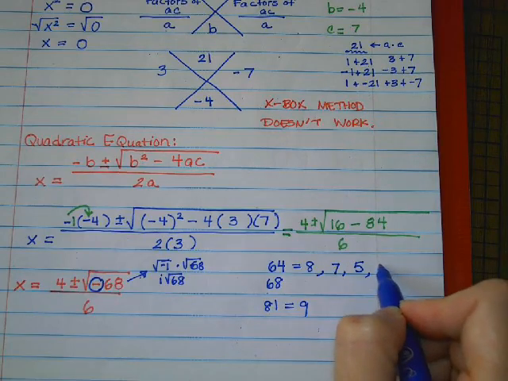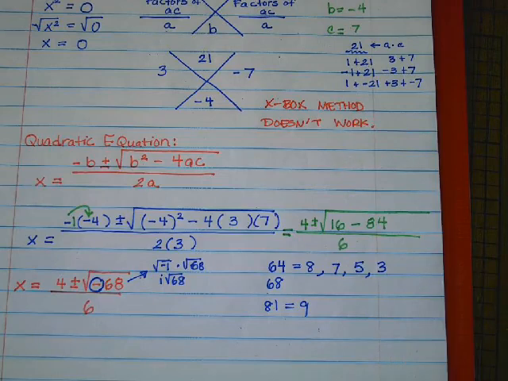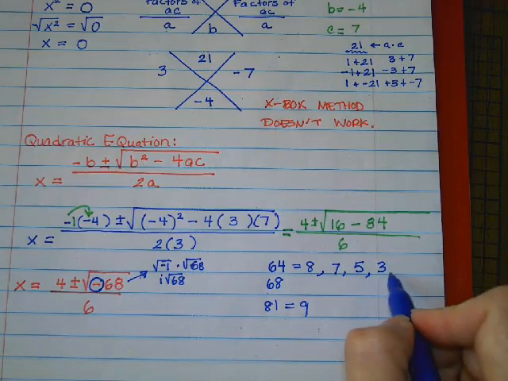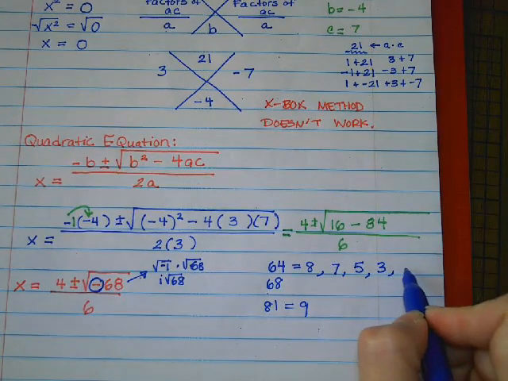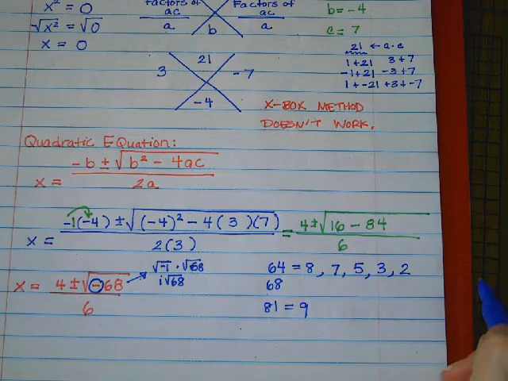So then we try 3. We're like, will 3 go into 68? Nope, 68 is not divisible by 3. So then we're going to try 2. That's the smallest prime number, and 68 is divisible by 2.